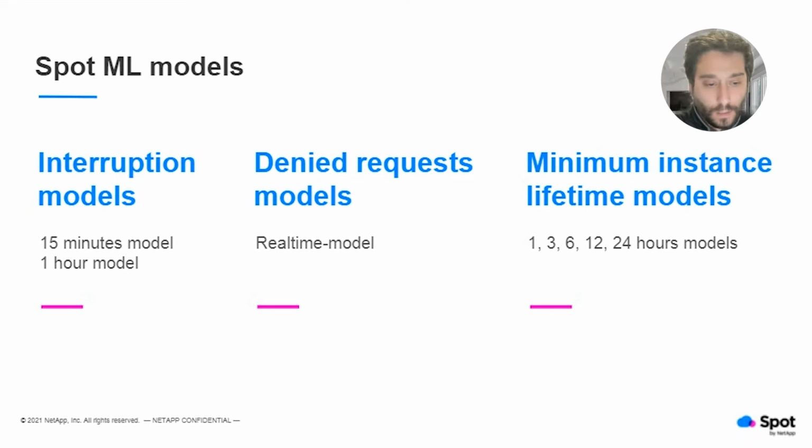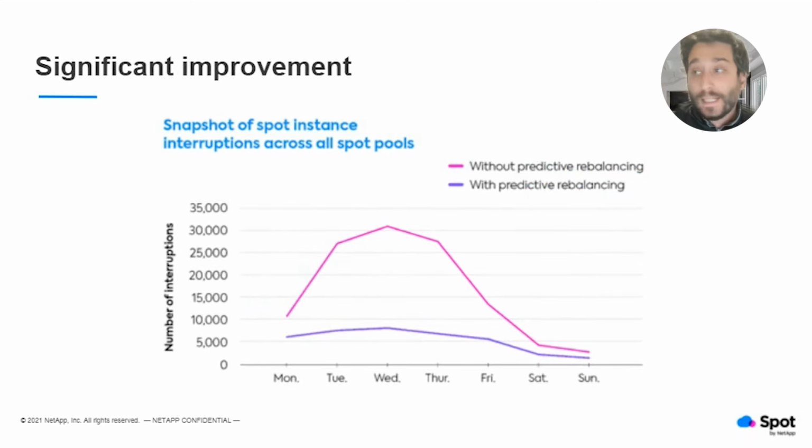So this really improved the way customers are experiencing Elastigroup. There's a significant improvement. This is a snapshot of Spot instance interruptions across all Spot pools of a typical week. What we can see here, with predictive rebalancing and without predictive rebalancing, is that during the weekends there are not a lot of interruptions, right?